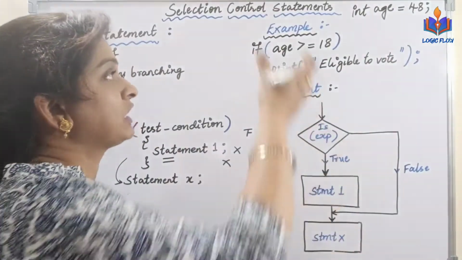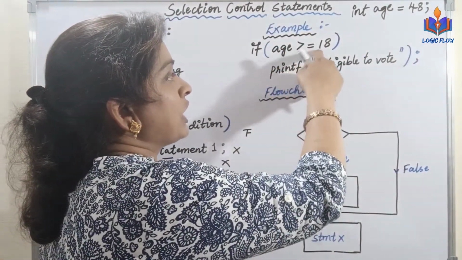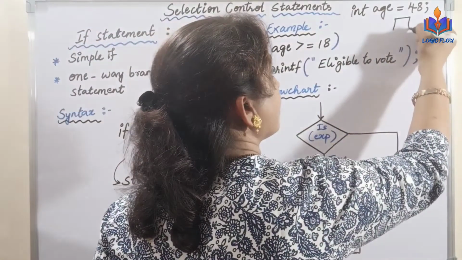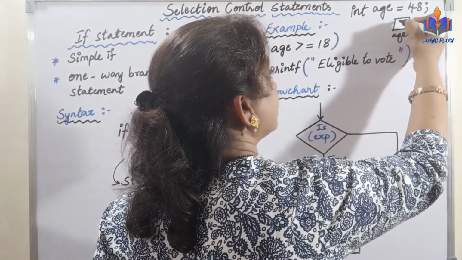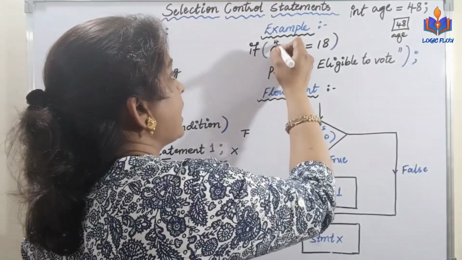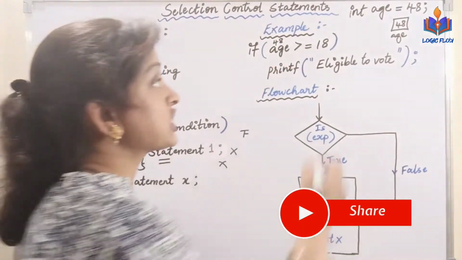Now let me check the condition: if age greater than or equal to 18. So what is the value in age? In the memory block age, the value that I have stored is 48. Is 48 greater than or equal to 18? Yes. The condition is true.